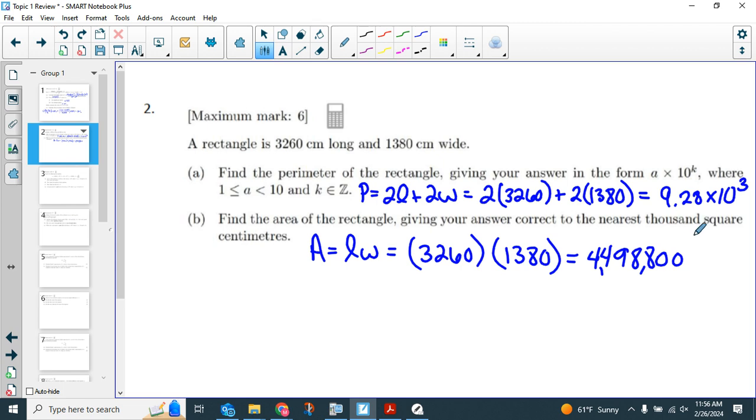It wants it rounded to the nearest 1,000. So if we round this to the nearest 1,000, that would be 499,000. And that is it for number 2.